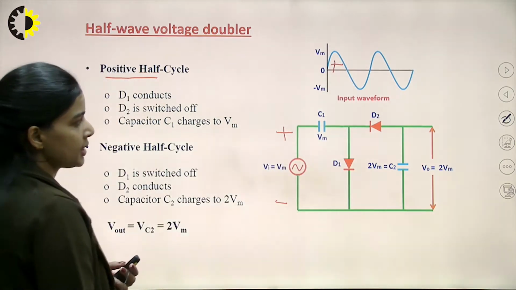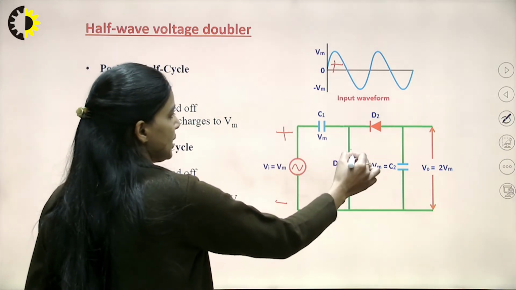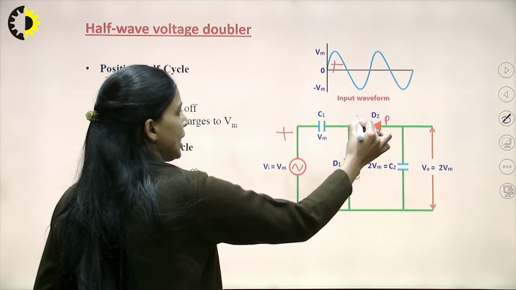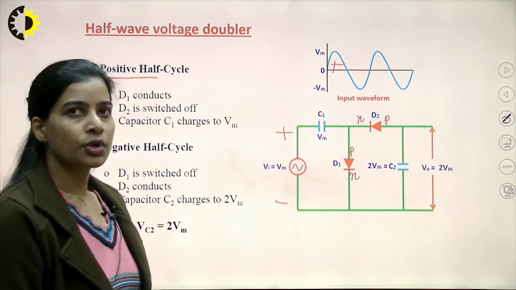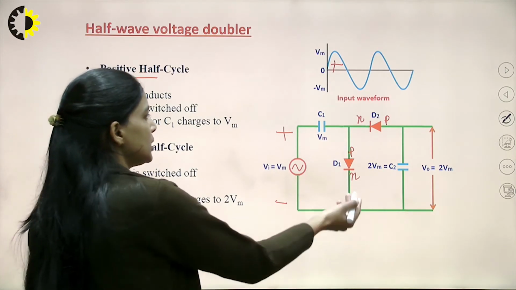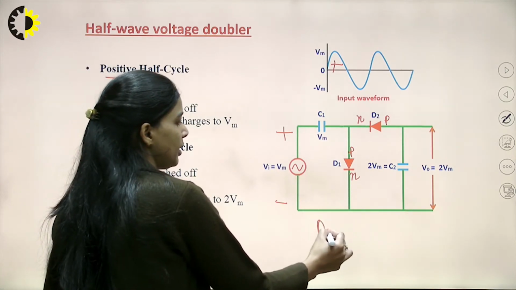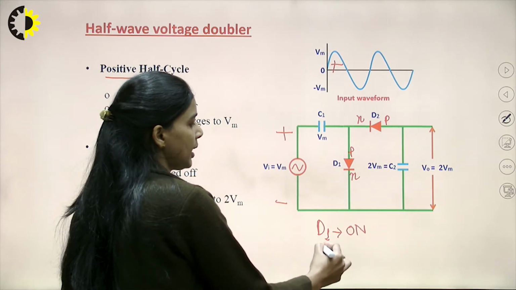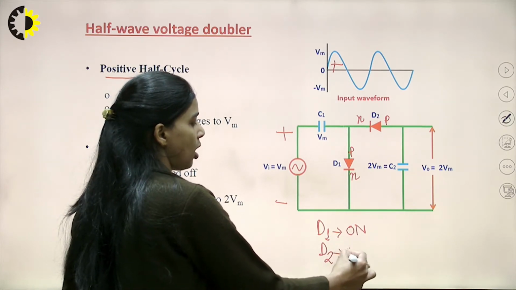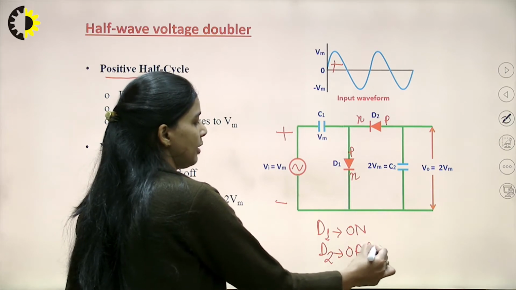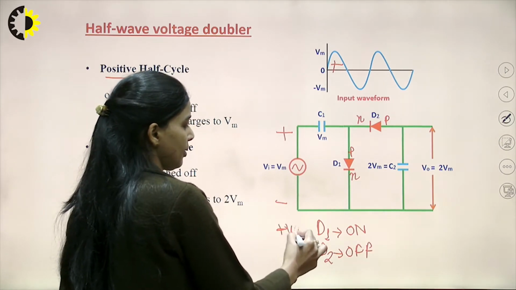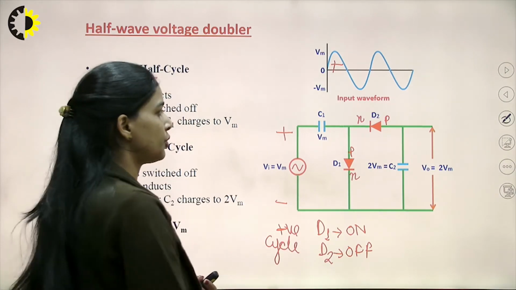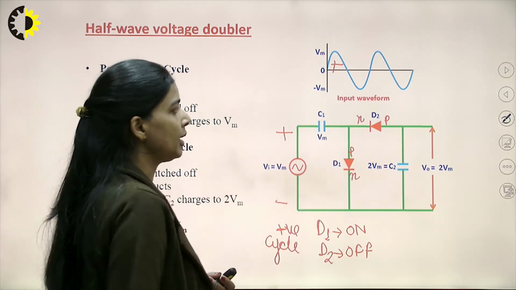In that case you can see this is the P side of this diode and this is the N. So for the positive half cycle this diode D1 will be in on mode, conducting, and D2 will be off. For the positive cycle of the input, D1 will conduct and D2 will be off.